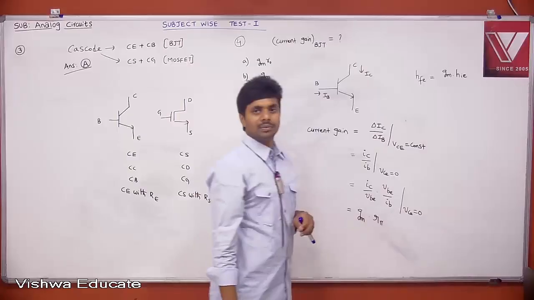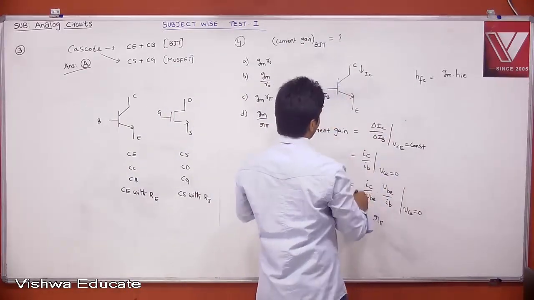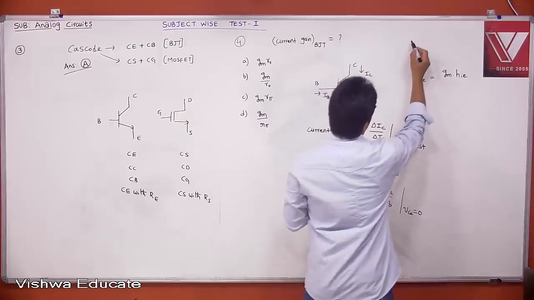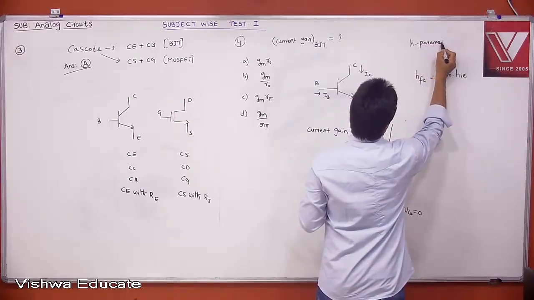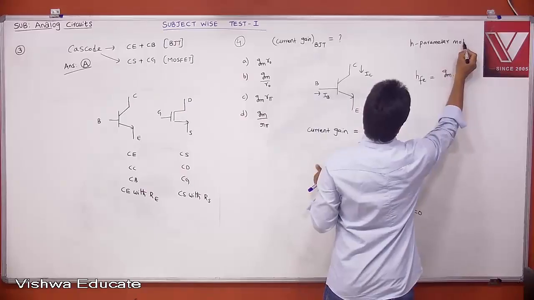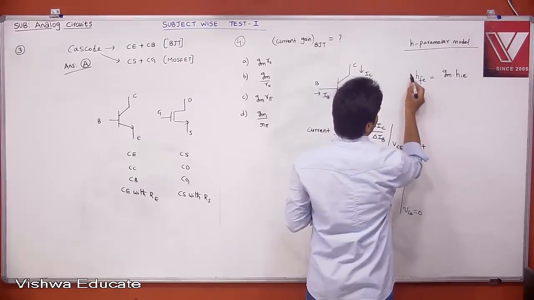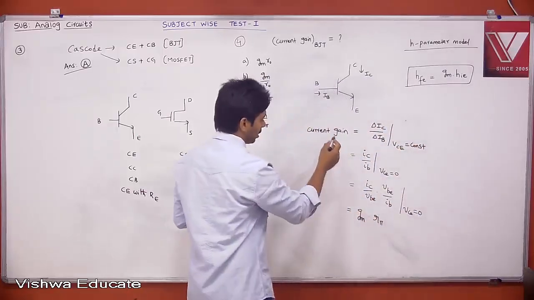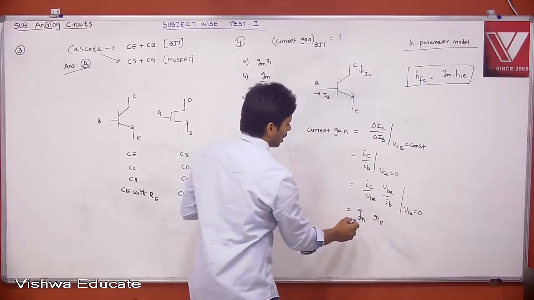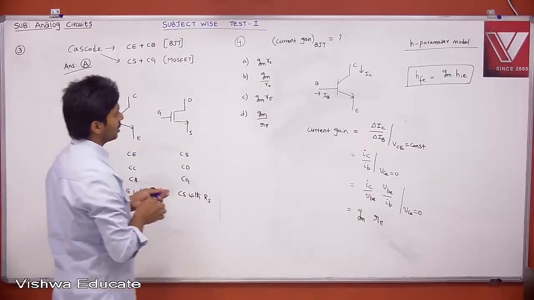If you take the H parameter model, from the H parameter model, HFE is equal to GM into HIE. But from the hybrid pi model, this is your current gain, which is nothing but GM into R pi. Therefore, what is the answer? Answer is C.